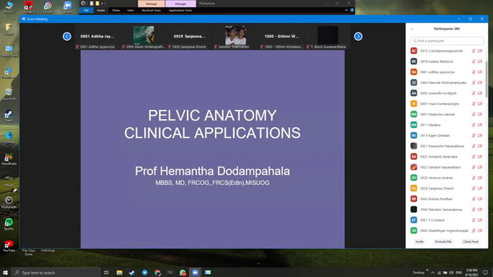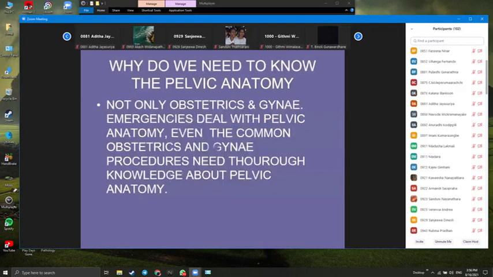Say you are a medical student doing an episiotomy and suturing it, right? Just before you qualify your basic MBBS, you need this pelvic anatomy. So this is one reason why it's very, very important, right? Not only obstetrics and gynecology, emergencies deal with pelvic anatomy.